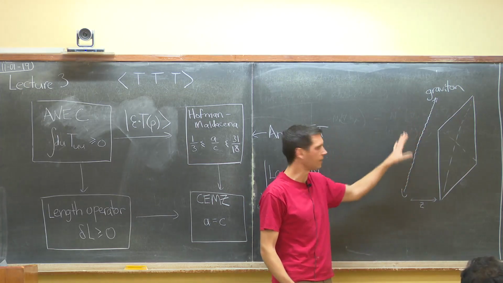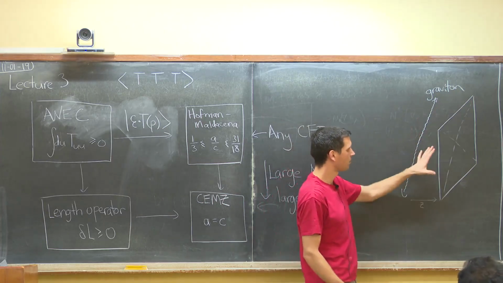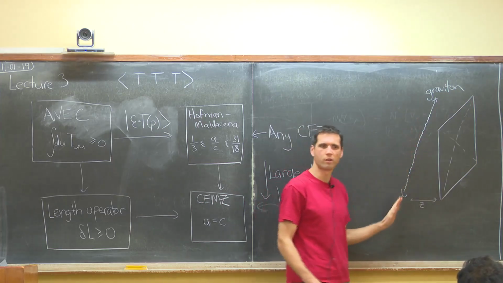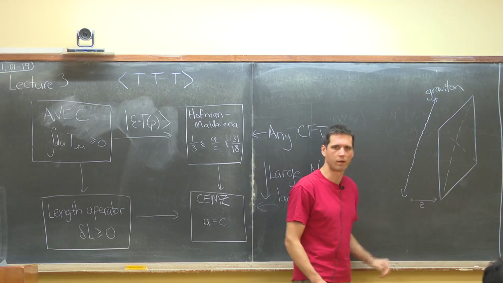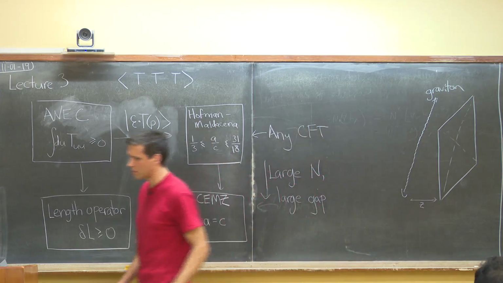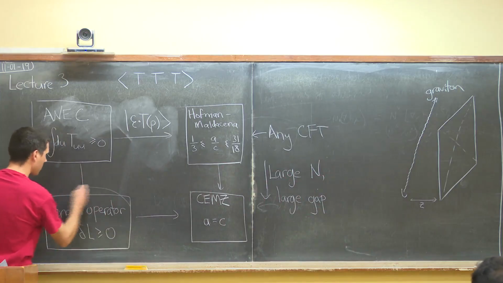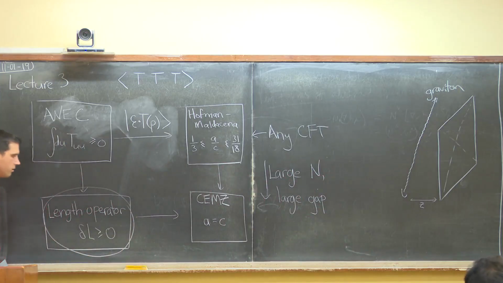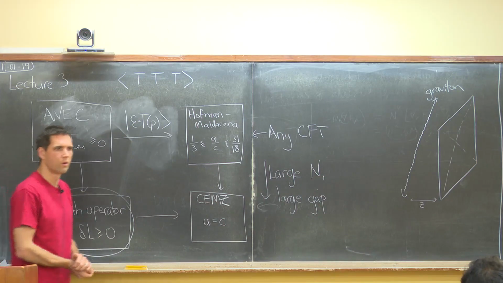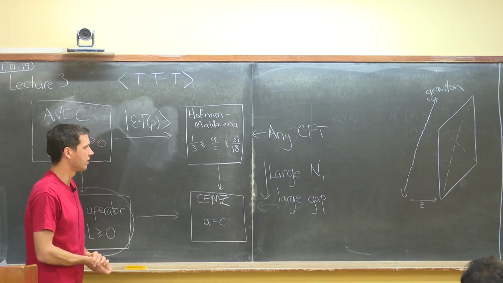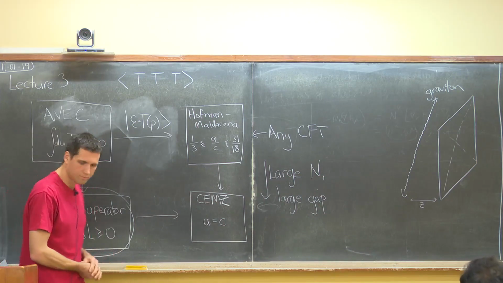In some excited state, I didn't draw the excited state this time. There's some excited state, and the graviton is propagating parallel to the boundary. That is the setup, and what I'm going to explain now is what this operator is, where it comes from in CFT, and why I'm calling it the length operator.